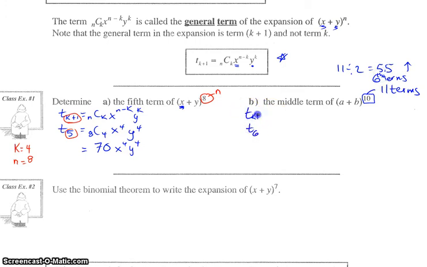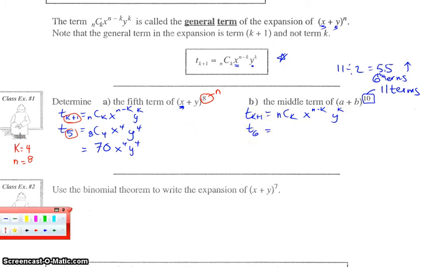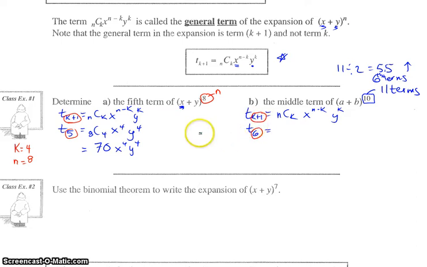Now let's write the formula down above that again, because I find that works pretty well. Then you can compare to find the k value. Okay, so if you compare here, we have k plus 1 and we have 6. So in order for that to be equal, k must have been 5. N, which is our exponent, was equal to 10.